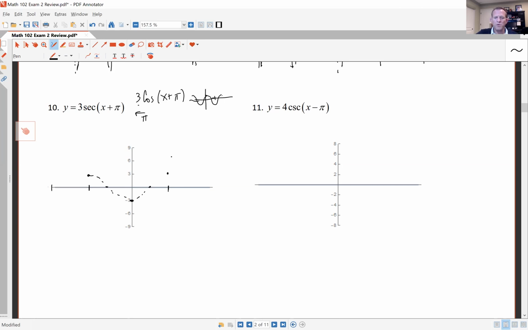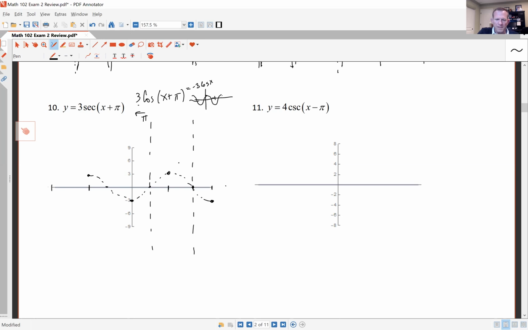And you see really what all we're doing is graphing a -3 cosine x. If you shift a cosine wave pi units to the left, you end up with the -3 cosine x. And so this goes back through 0, and then this one goes back to -3.